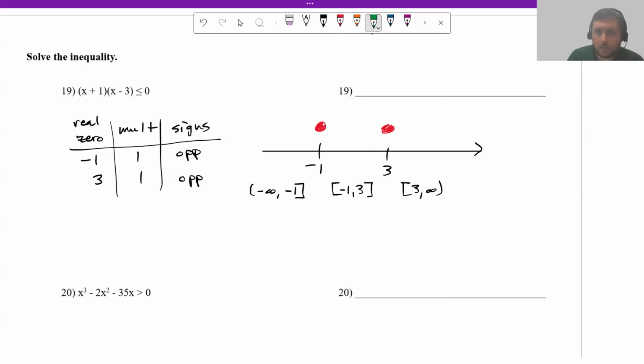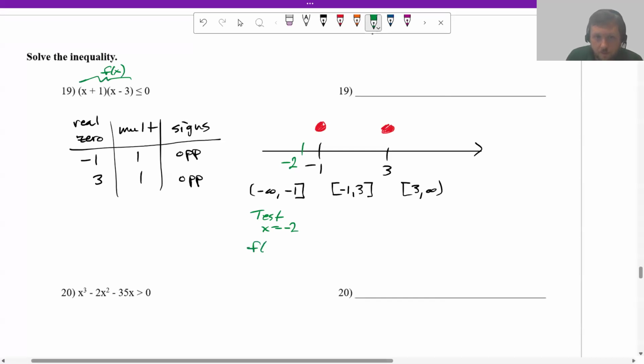And then we need a test value. So we could test -2. And I'm going to refer to this as f of x. So f of -2 is going to be -1 times -5. So I get a +5. So I'm going to mark this region plus.